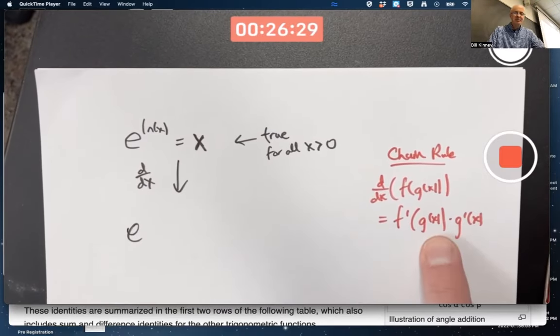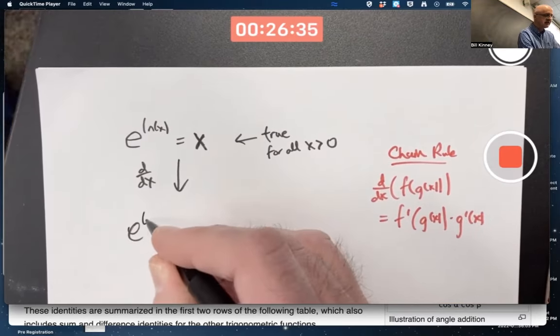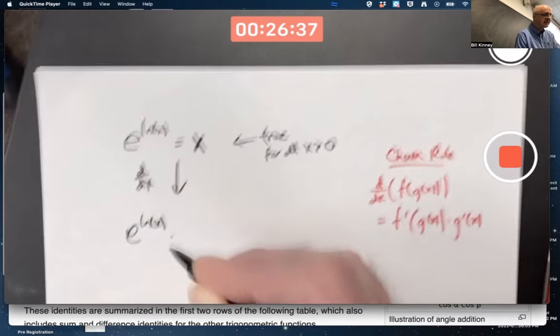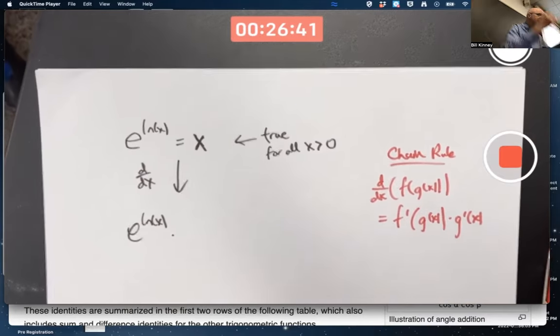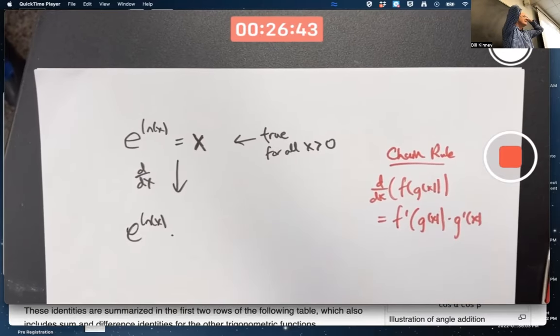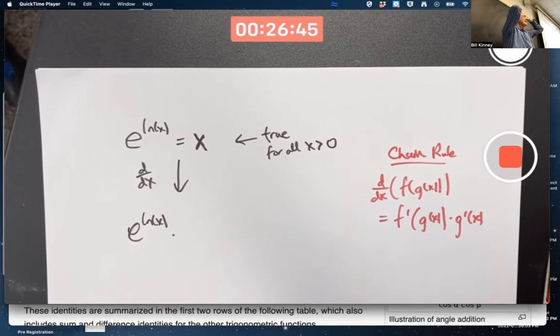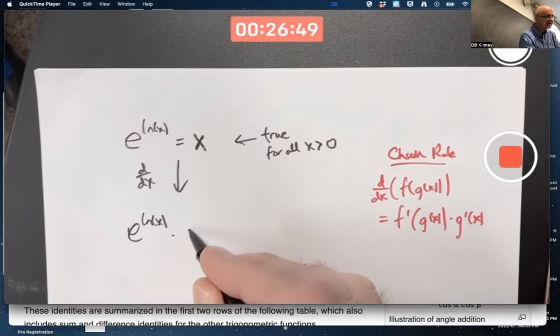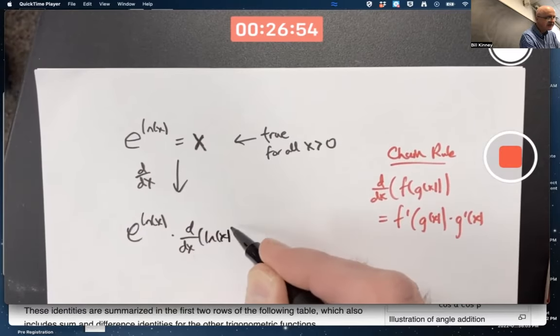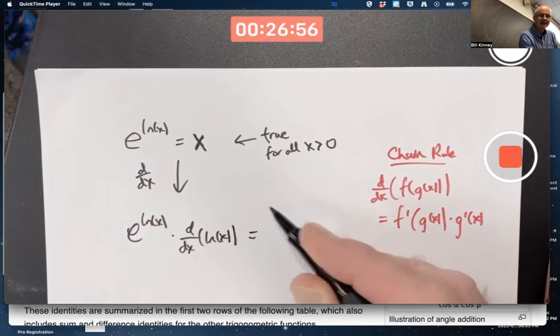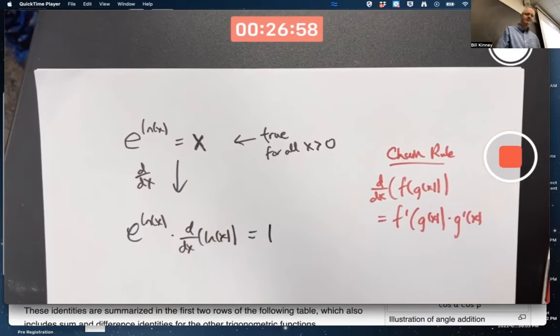But the chain rule says plug in g of x into that. g of x is natural log of x. Then multiply times the derivative of g, the derivative of natural log of x, which is what I'm trying to figure out. It's okay. We're pretending we don't know it yet, so we just write d dx of natural log of x. And if we differentiate the right side, x, we get 1.